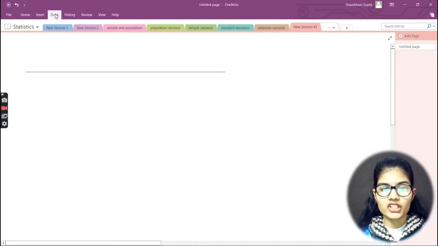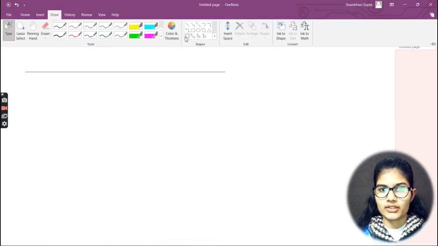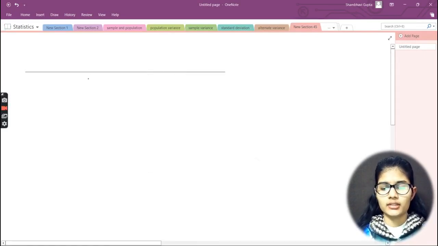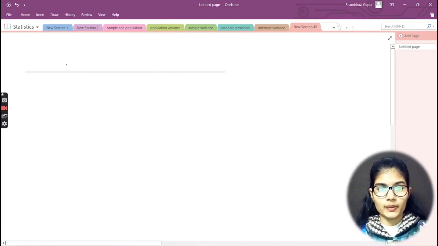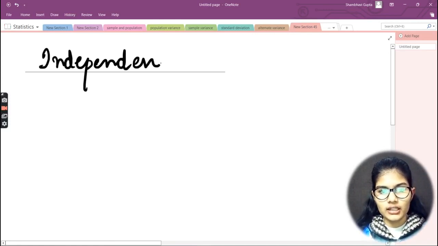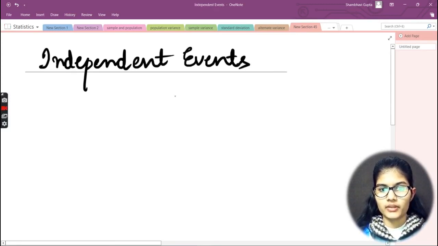Our today's topic of discussion is independent events. We'll be learning what independent events are and the different things about them. Let me quickly put up the topic for today: independent events.